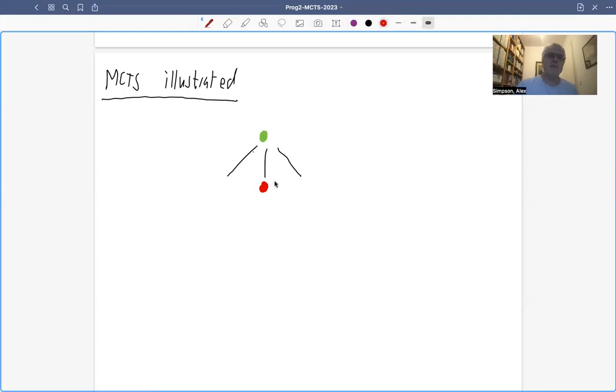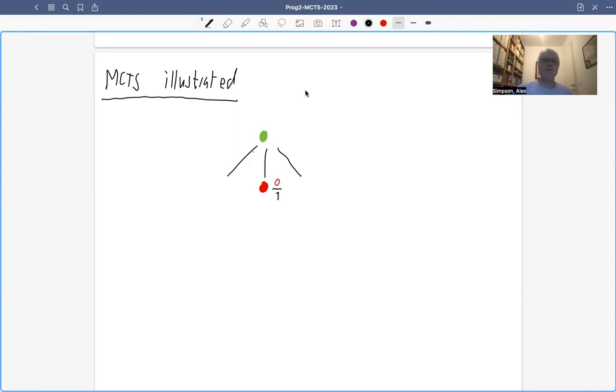The statistic from the point of view of red is that red has won 0 out of 1 game played. So from this position, we've played 1 game and red has won 0 of them. Having played our game and gathered this statistical information, we go back to green.